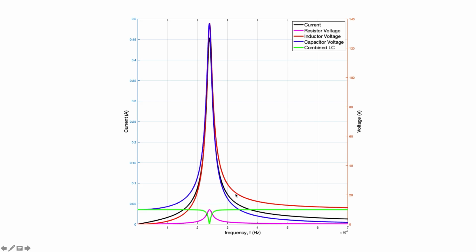At low frequencies, the capacitor voltage dominates and is equal to Vs, or the source voltage. As the frequency increases, the current increases due to the increase in voltage of the inductor and the resistor voltages.